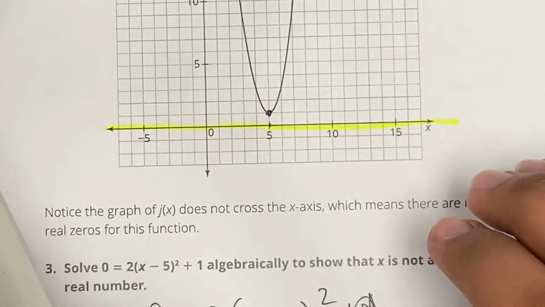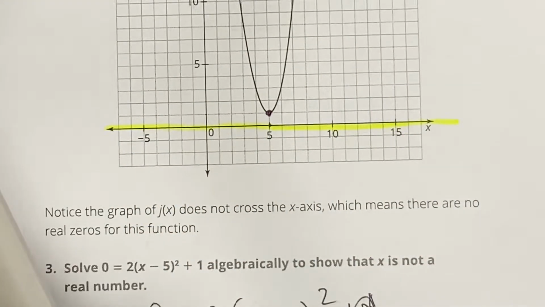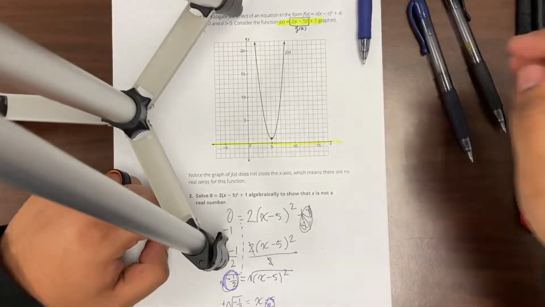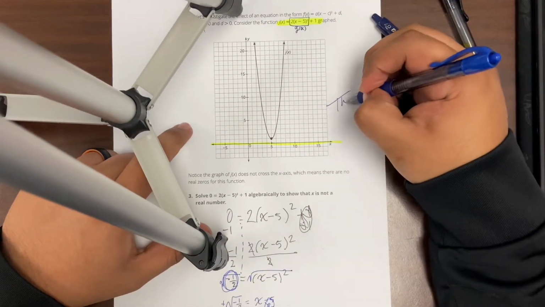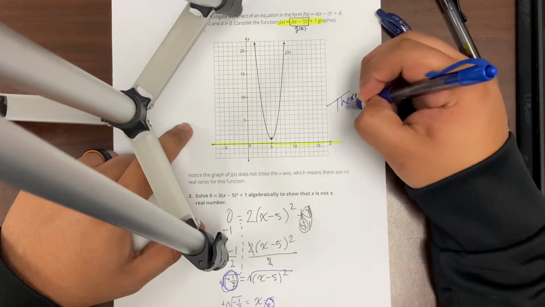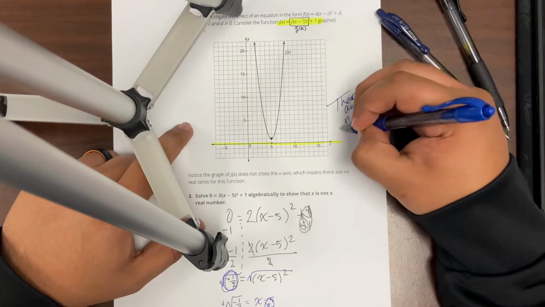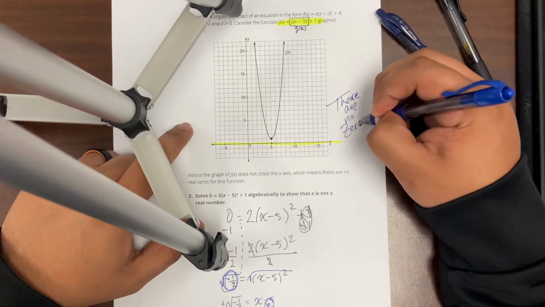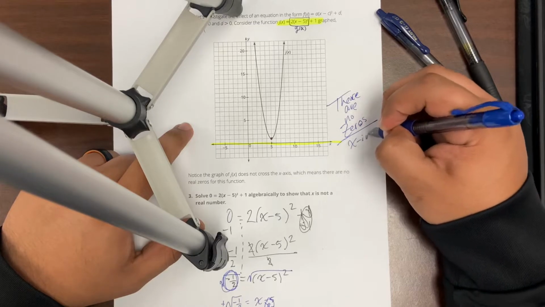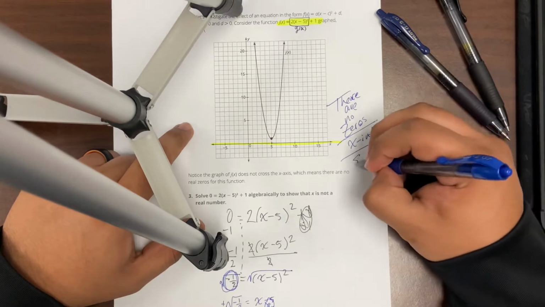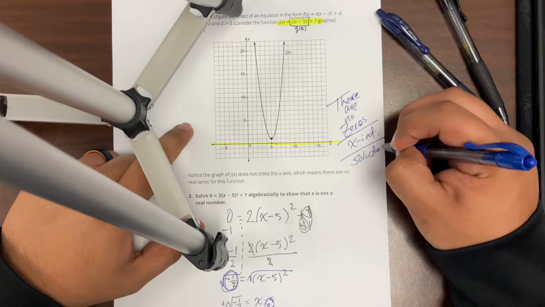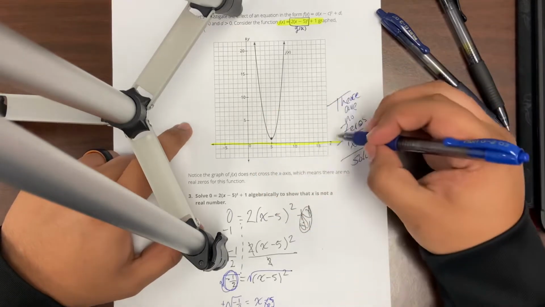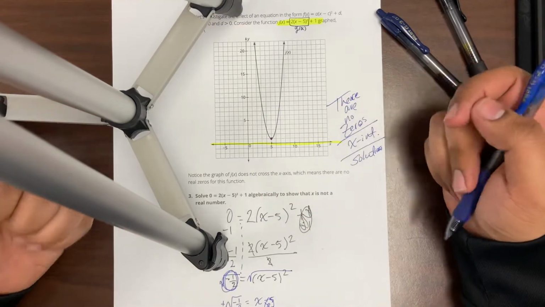So in this case, there are no zeros. There are no zeros, x-intercepts, or solutions. Nothing, because it's not touching. So that's something to consider, okay?